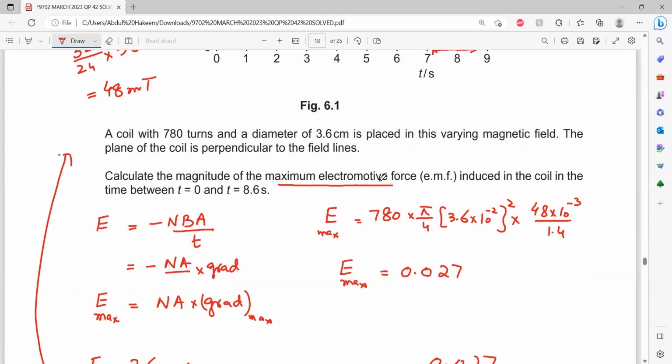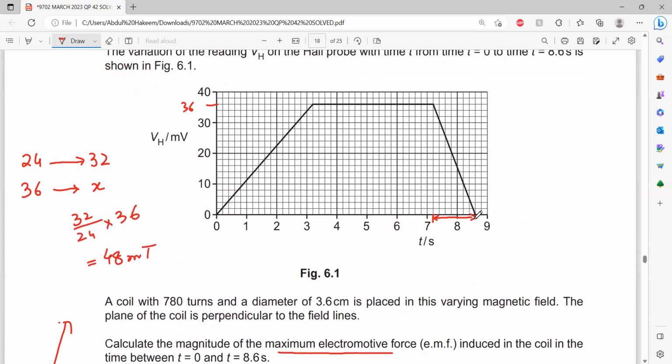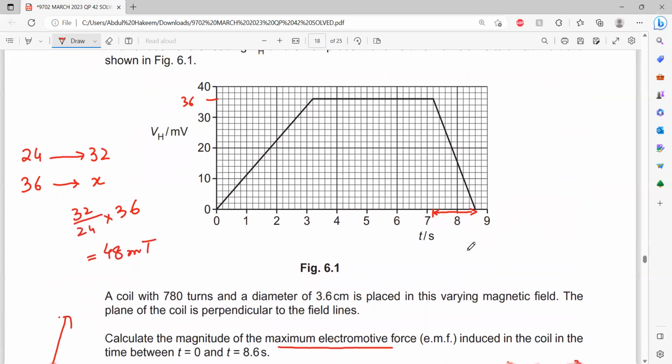But for the maximum EMF, the time must be small. So we will look at the small time in which the flux is changing. Here the voltage is changing up to 3.2, and here it's changing from 3.2 to approximately 8.6. So this time gap is 1.4.